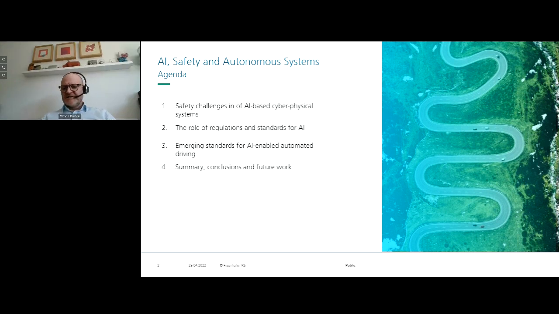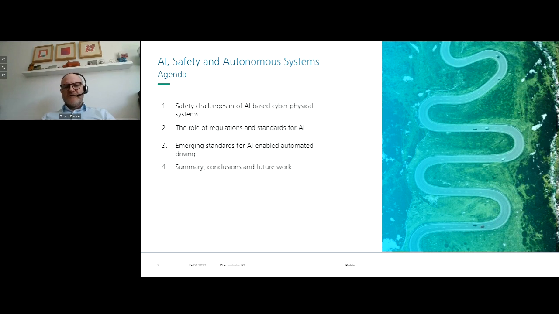In this presentation, I'll give a quick overview of some of the challenges related to the introduction of artificial intelligence and specifically machine learning technologies into the automotive domain. To do that, I'll give a very brief context: what is changing with these classes of systems we're currently developing, and why is machine learning and artificial intelligence creating even more challenges for the development of these systems.